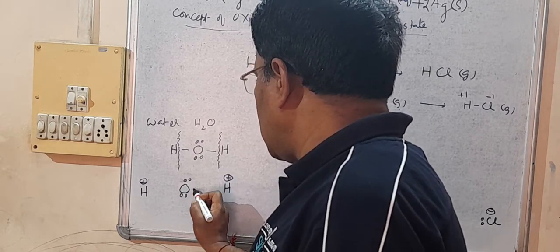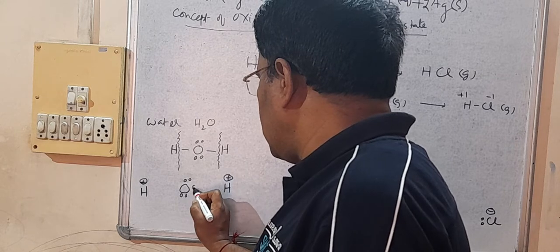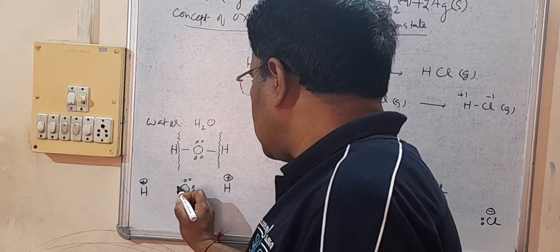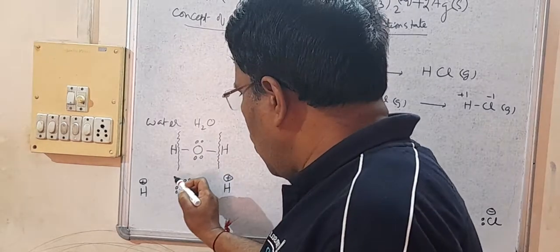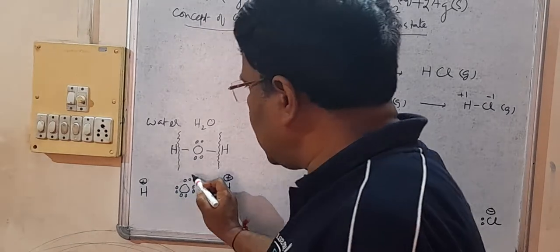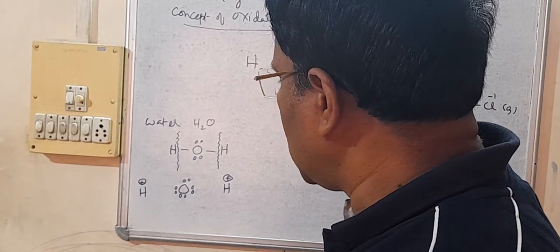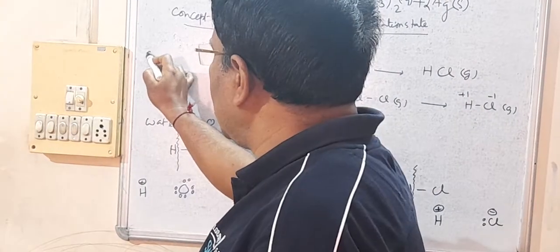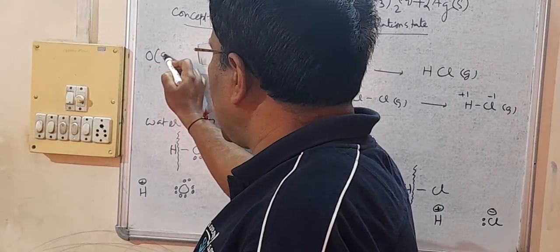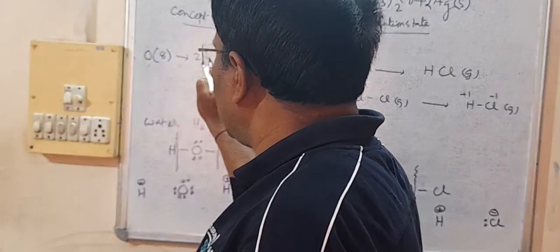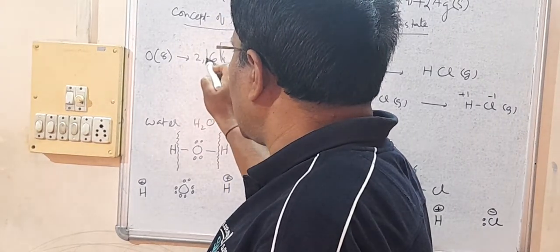And this O will have how many electrons? From this bond 2 electrons will be here, from this bond 2 electrons will be here. So O will have 8 electrons in the outermost shell. Now, normally oxygen has how many electrons in the outermost shell? Normally oxygen has 6 electrons.